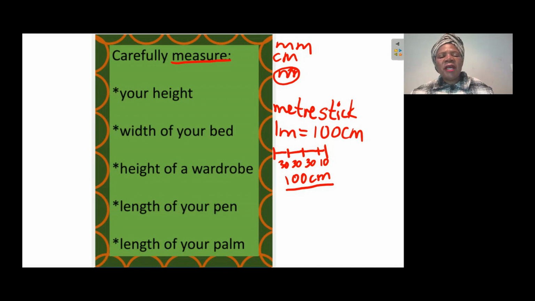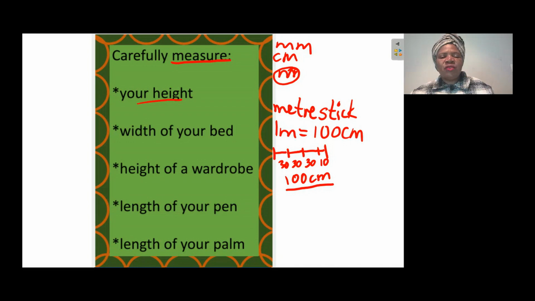It is better when you are measuring your height, you put the meter stick, right? And then where you now need to add, you use a small ruler, and you look for the centimeters and probably the millimeters that are there.